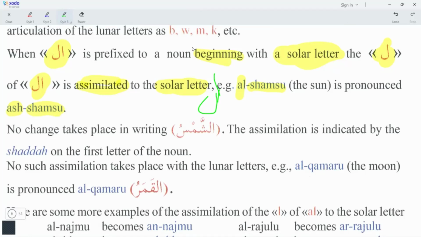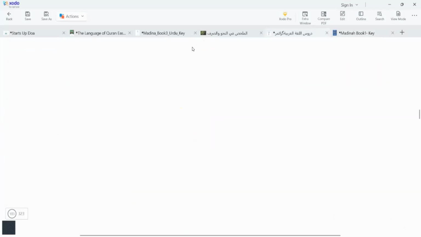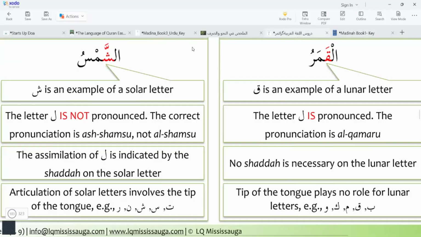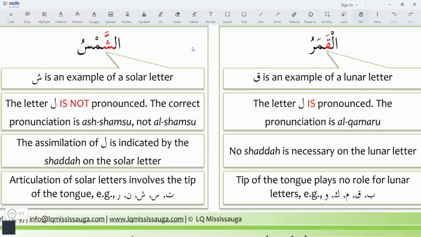The hamza we will pronounce with the next letter. First we learn what the solar letters are, then it will be more clear for us.